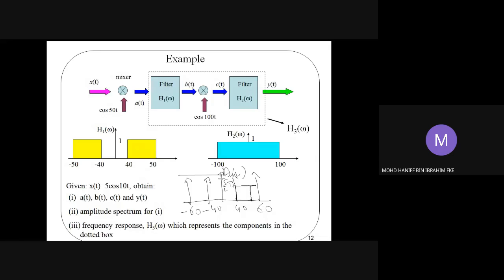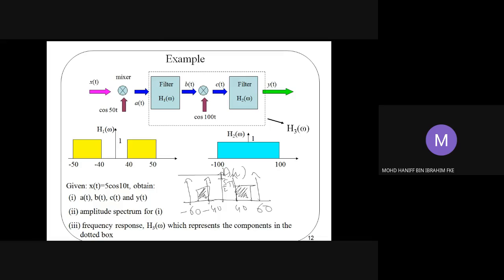The multiplication between the A omega and H omega will result in impulses at negative 40 and positive 40, whereas the 60 impulse and negative 60 impulse will both be filtered out.